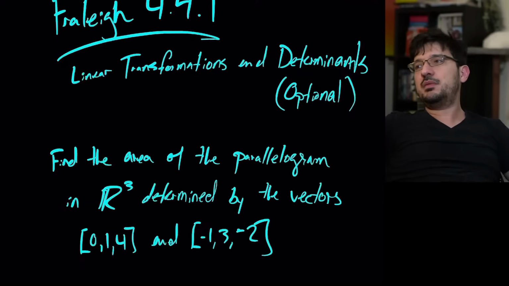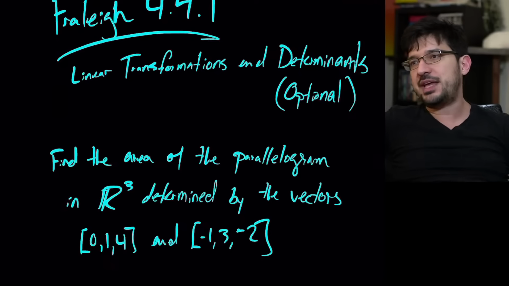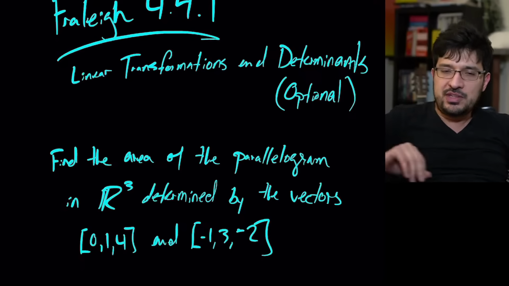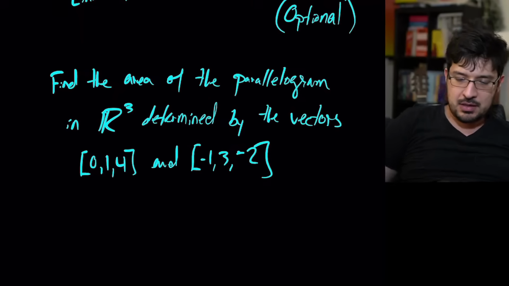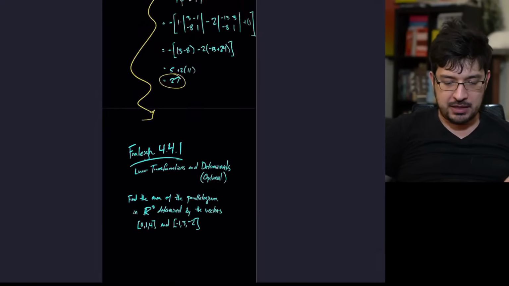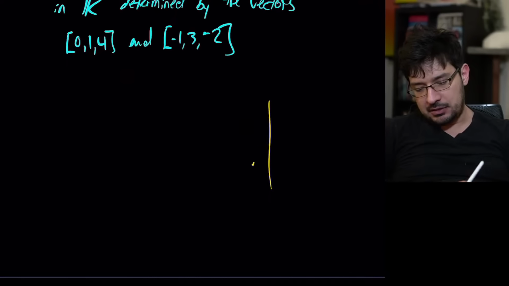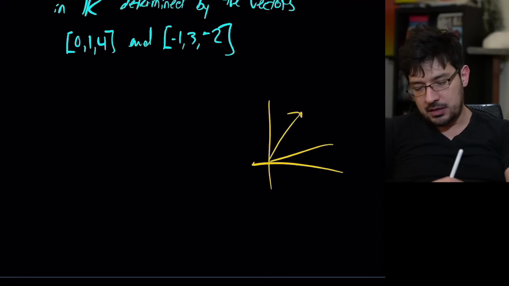Man, so I'm trying to stretch my brain by not reading the section and trying to solve these problems without reading the section. What's confusing to me now is this parallelogram, because we calculated the area of parallelograms before in 2D space, right? We had examples from before of 2D space.